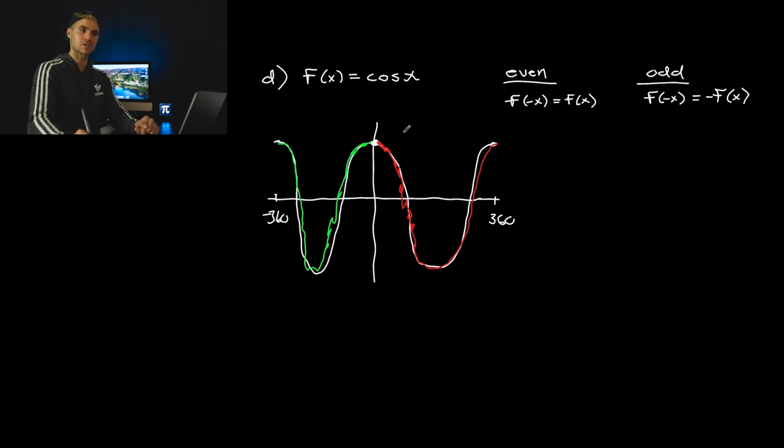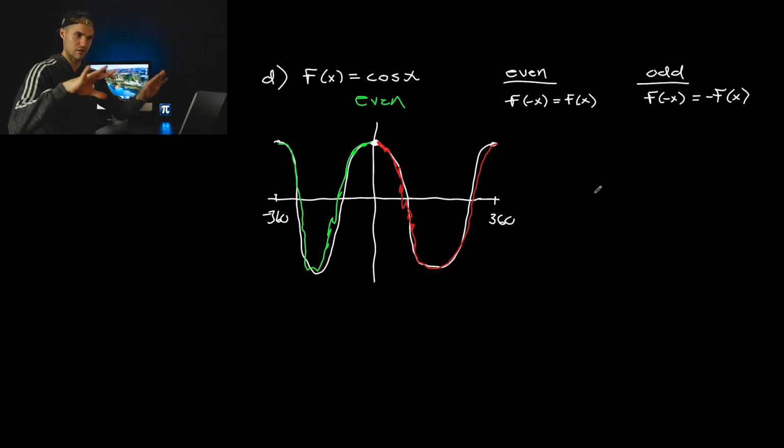And so we could tell just graphically that cos x is an even function. And then if you extend this both ways infinitely, it doesn't matter if you took that whole infinite extension on the right side, reflected it over the y-axis, you'd get that other infinite extension on the left side. So cos x is an even function.